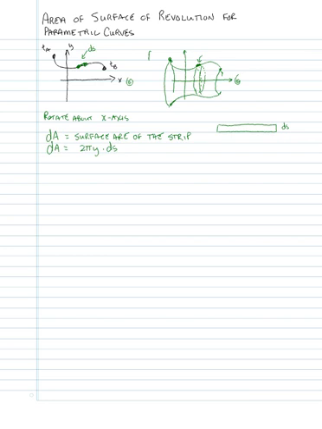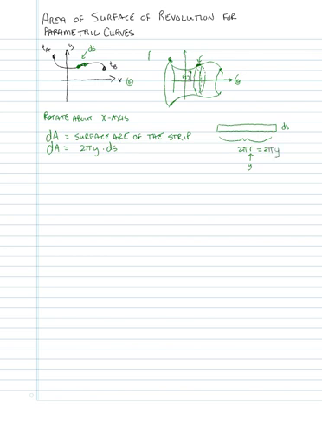And so this circumference is 2 pi times r. But the radius in this case is actually the distance from the x-axis to the curve. That's the y value, or r. So we know r is actually a y value, so this is 2 pi times y.